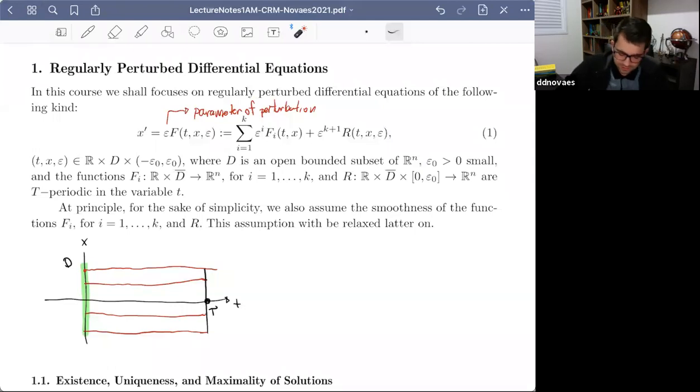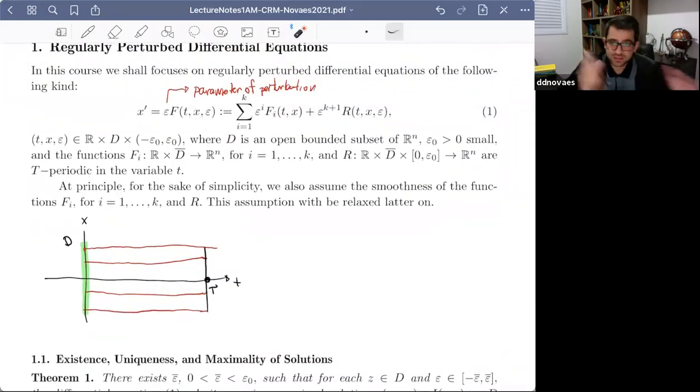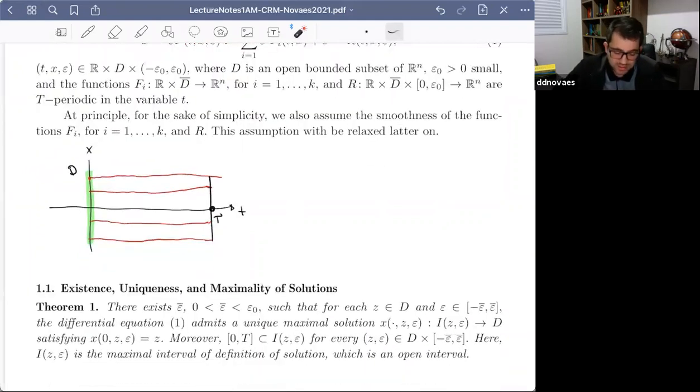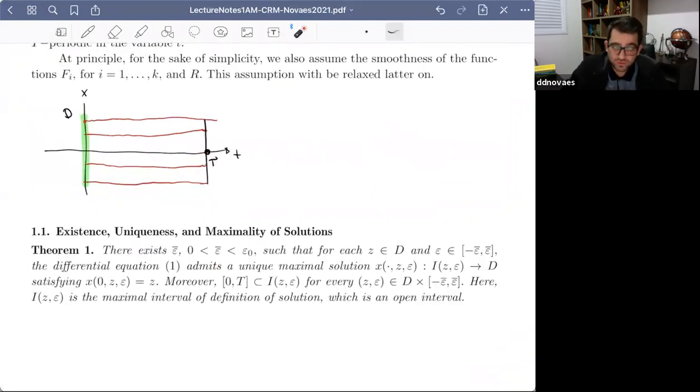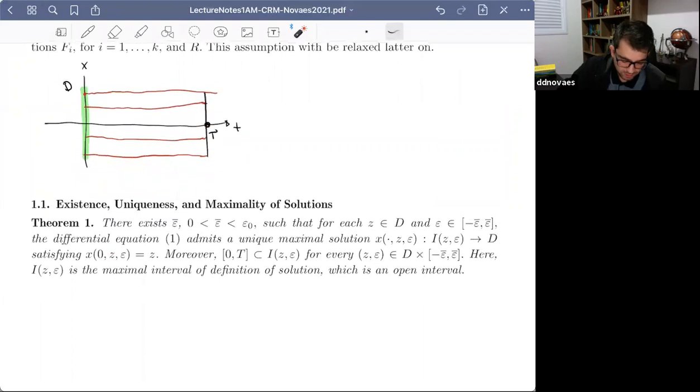So the first result, let's start from the very beginning. The first result about this differential equation is just a consequence of the Picard-Lindelof existence and uniqueness theorem for differential equations.